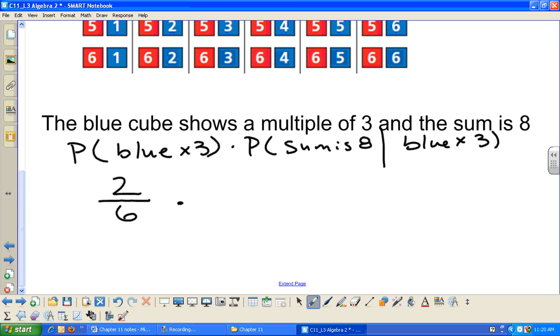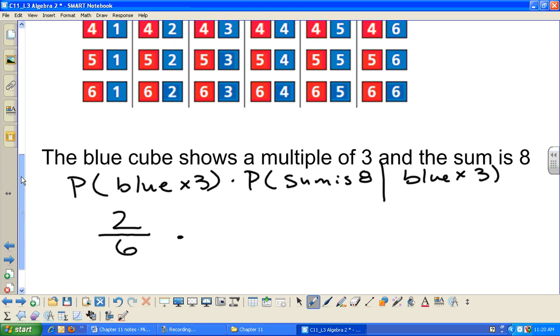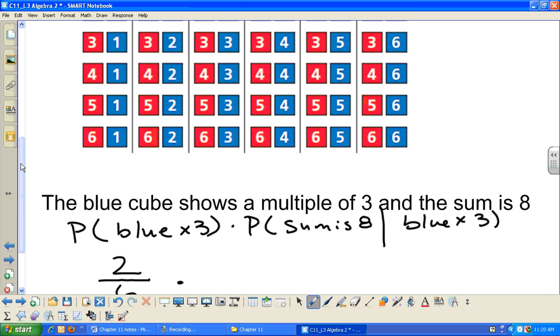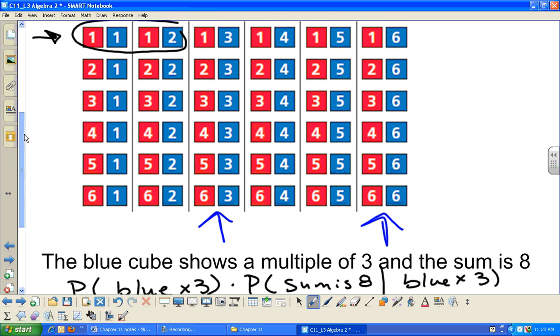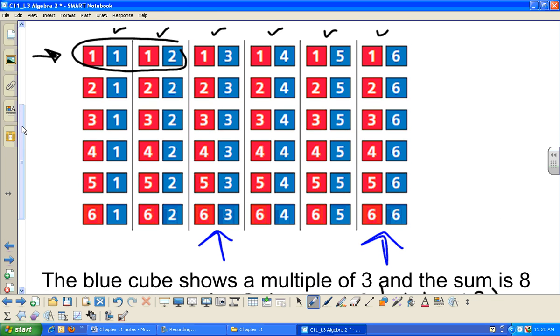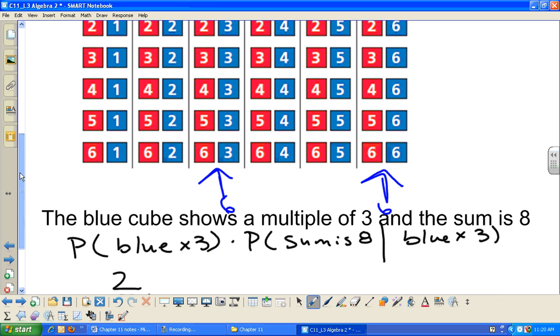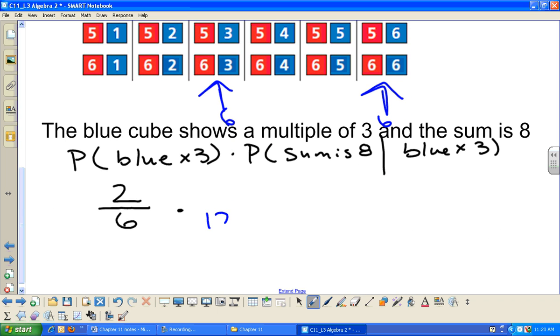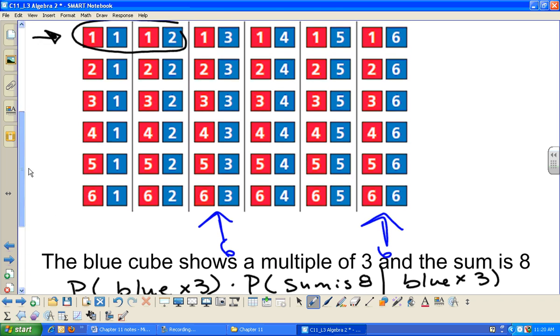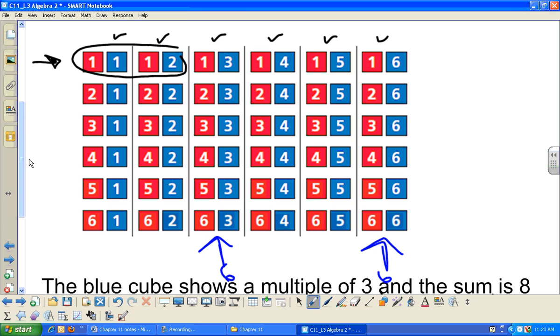Now I'm going to multiply that by the probability of sum is 8, given that blue is a multiple of 3. So I'm looking at 2 rows. Out of these 2 rows, I have 12 different outcomes that I could get. There's 6 in this row, and there's 6 in this row. So my total is going to be 12. Looking at those 2 rows, I have to find the sums are 8.